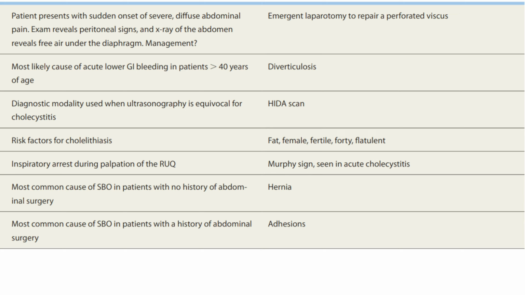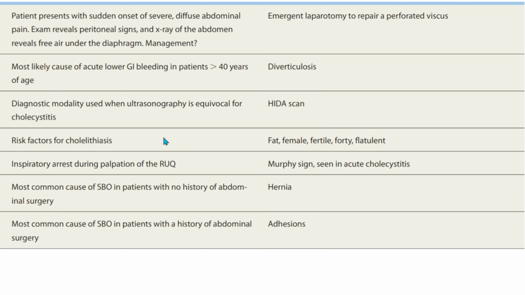The diagnostic modality used when ultrasonography is equivocal for cholecystitis is the HIDA scan.